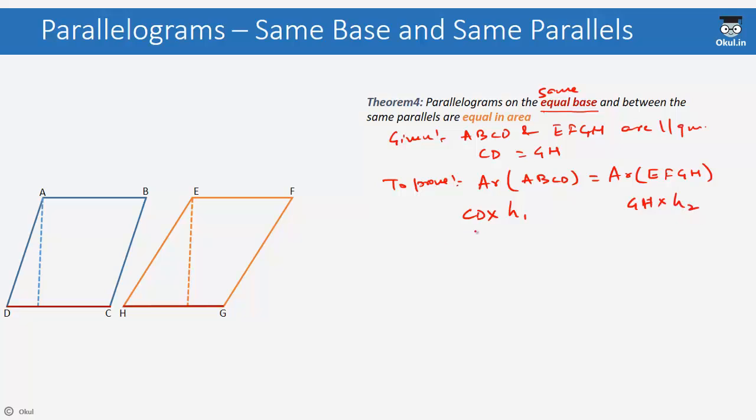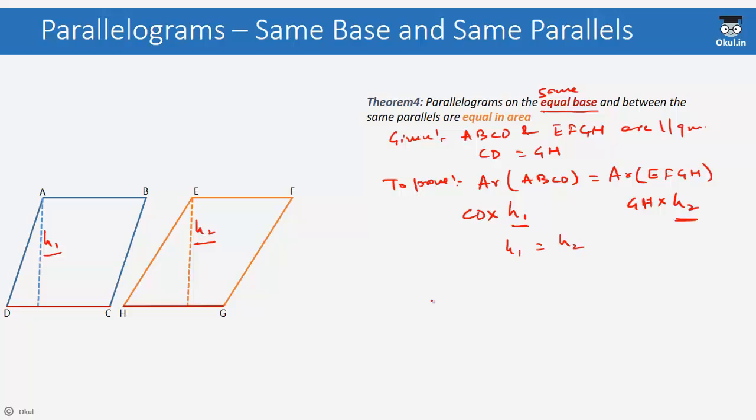Now, since these two parallelograms lie between the same parallels, I can say that H1 is equal to H2. H1 is the distance between AB and CD and H2 is the distance between EF and GH. Since these two lie between the same parallels, the distance between the parallel lines should be equal. Therefore H1 is equal to H2.